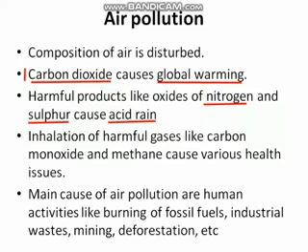The question arises, what is the main cause of air pollution? How is air polluted? Although natural activities like volcanic eruption are one of the causes of air pollution, mostly air is polluted by human activities, and these human activities include the burning of fossil fuels.